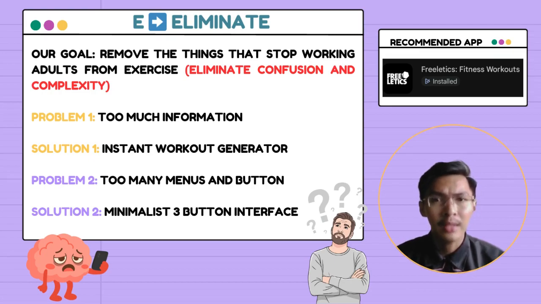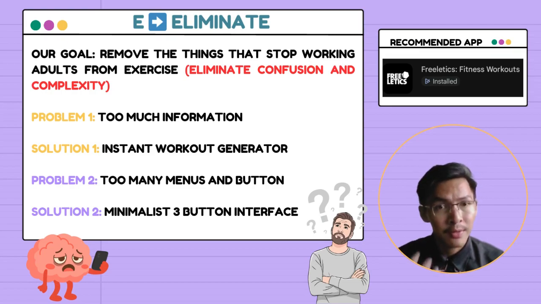And the second one is too many menus and buttons. It is the same as number one, but sometimes we think that the menus and buttons are not needed at all, because the extra buttons just make the apps feel too complex.